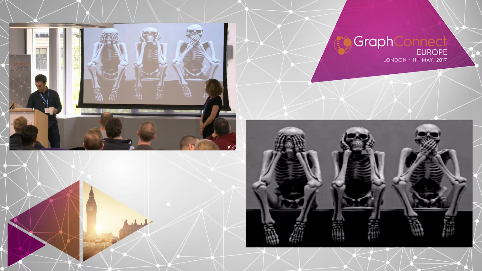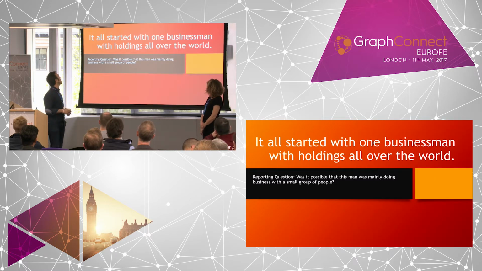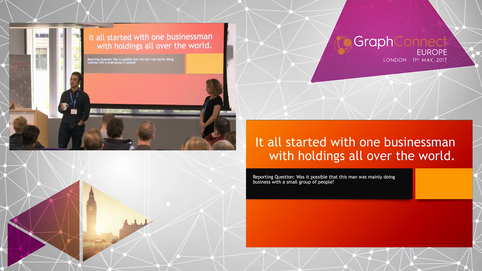So, that being said, the investigation is about a particular businessman who has a lot of dealings in his business around the world, and presumably with many people. The theory that we have is that maybe he doesn't really have that many business partners, or maybe it's a rather small group of questionable individuals.